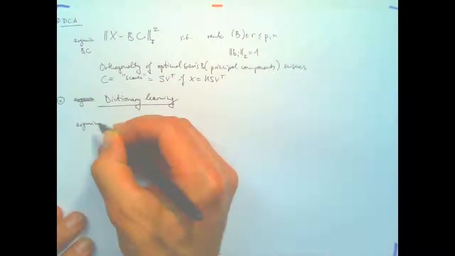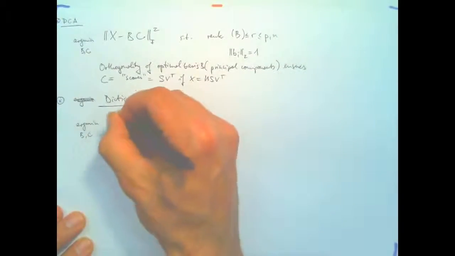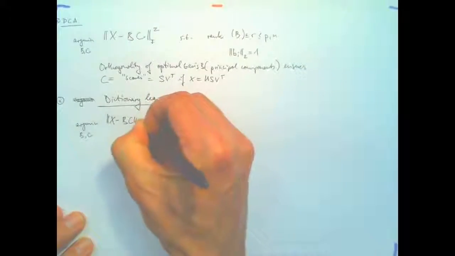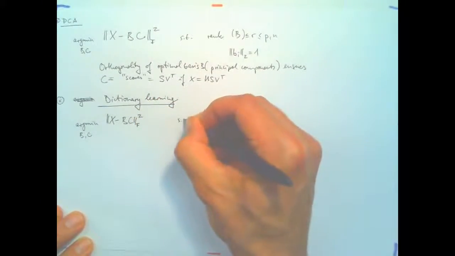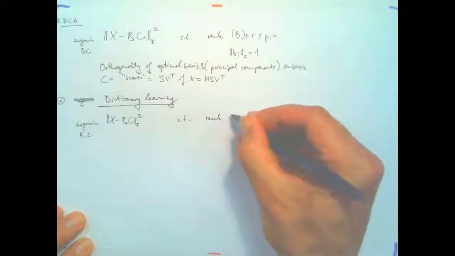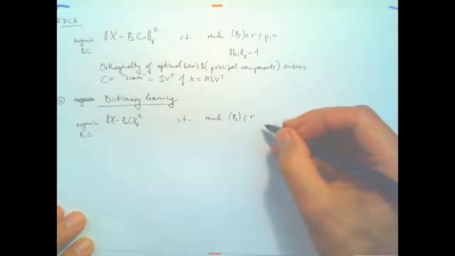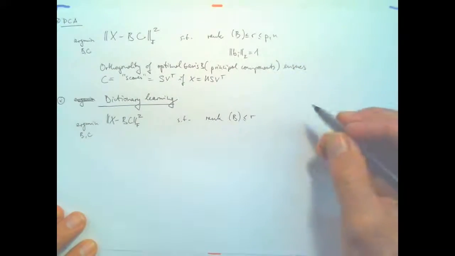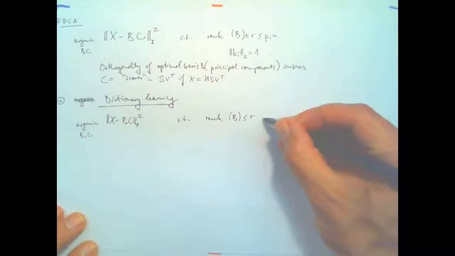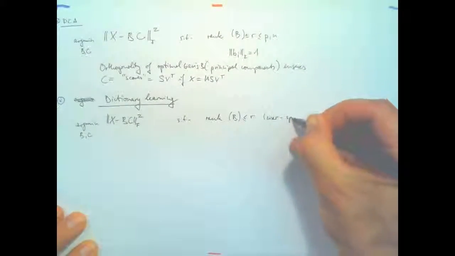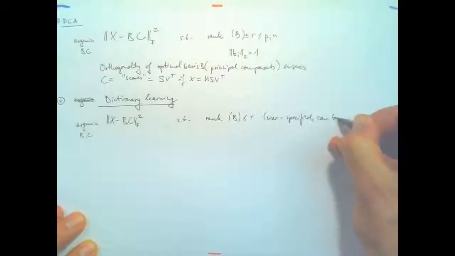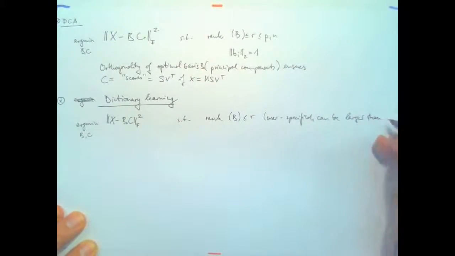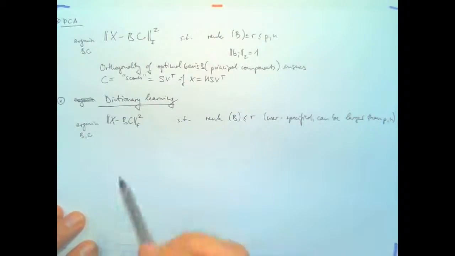So I again minimize over B and C, such that the rank of B must be at most R, which is again user specified, but this time R can be greater than P, or can even be larger than N. If I want to learn it here, R can be larger than P, okay.